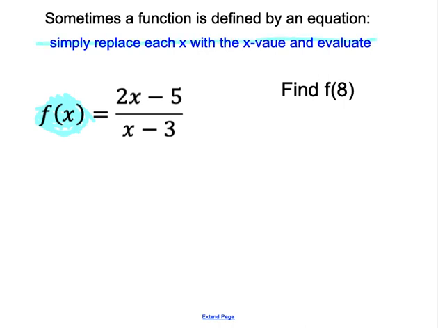To solve this, all you do is replace each x with the x value they're asking for, and then you evaluate it. So they're saying, find f of 8. Okay, well, if I rewrite this, every time I see an x, I put an 8 in.